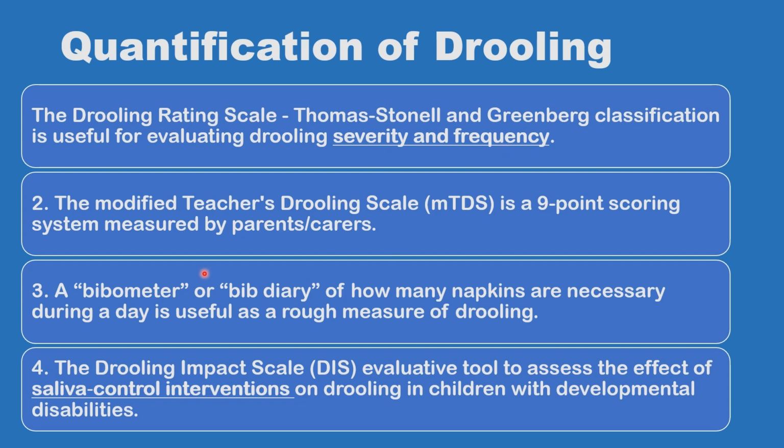You can just simply measure how many napkins have been changed daily for the child, and this is the basis for the BIP diary, and the drooling impact scale, which evaluates the effect of intervention on the salivary control after various forms of treatment.